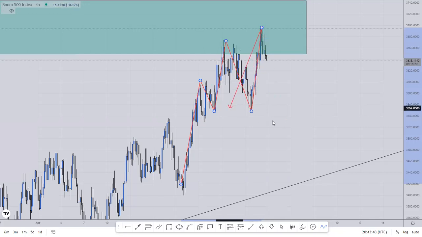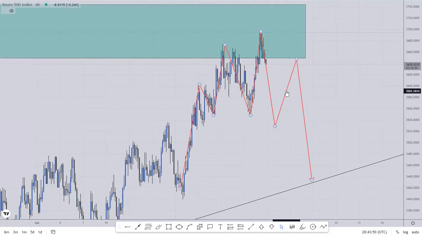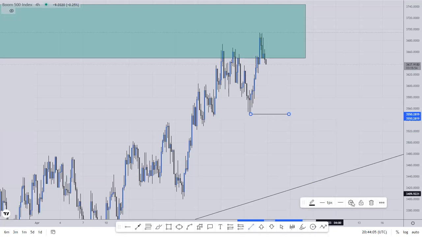If it breaks this higher low and we pull back, something like this, we're now going down in the long run, for forever. So far, the main target right now for the sells that we might take, based on lower time frame confirmation, the first target right now is this zone.